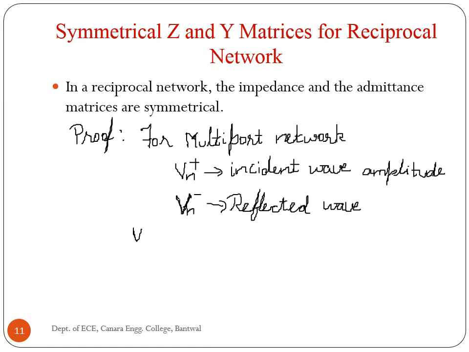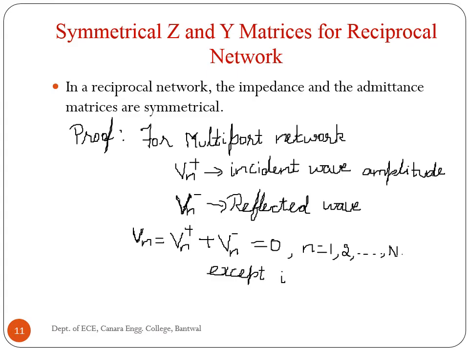Therefore, the total voltage, the sum of incident wave amplitude and reflected wave amplitude, is equal to 0 at all ports except the ith port, where fields are EI and HR.